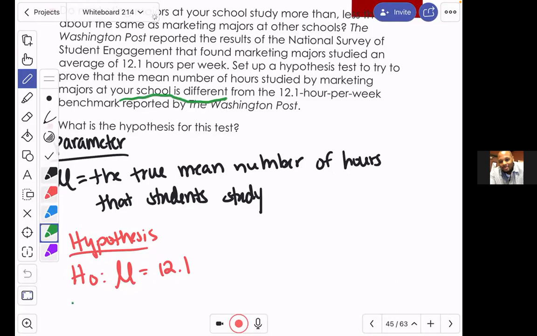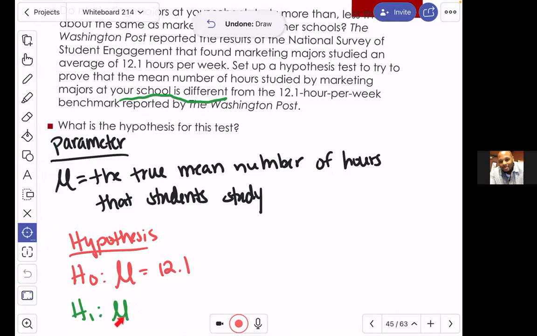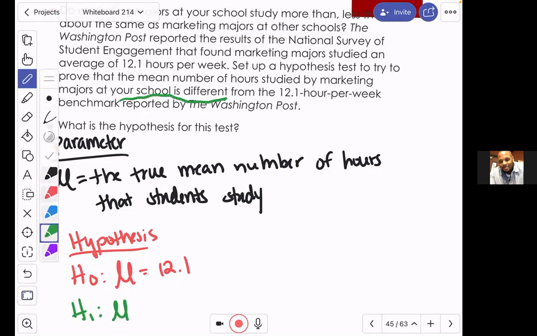So H1 here, because we don't know the direction, we call it a non-directional test. We say that mu, and again, look, I'm using the parameter mu because that stands for the true mean number of hours that students study. Mu does not equal 12.1. That means that mu is different than the stated value that's being claimed right now.